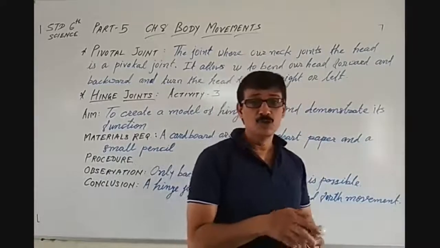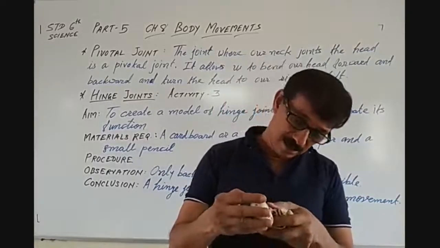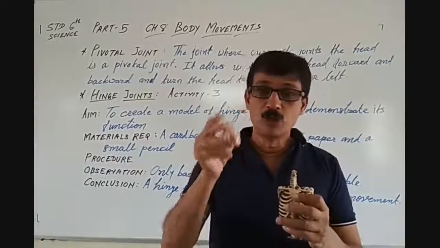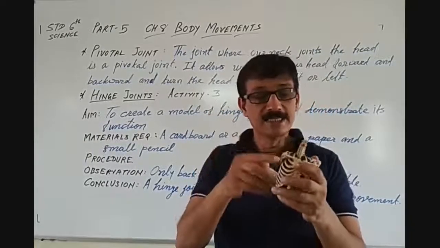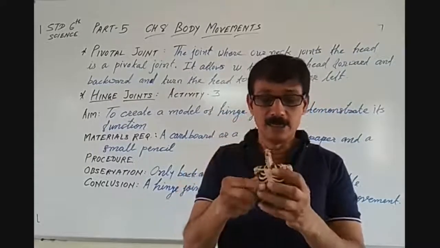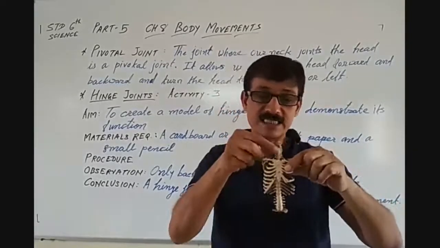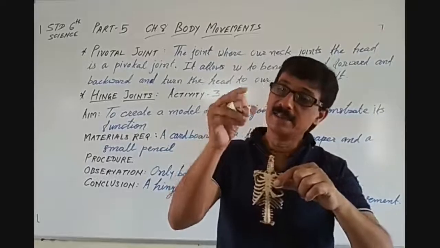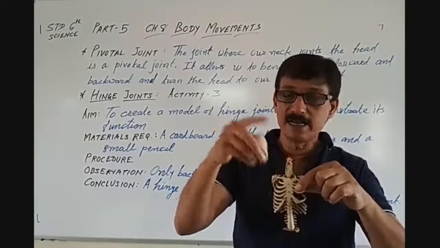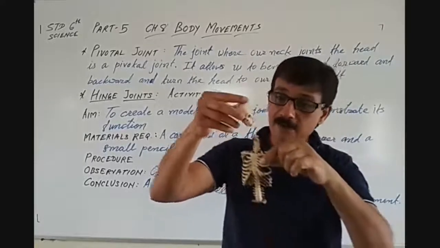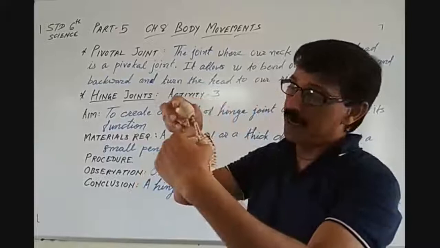See, I have actually a skeleton with me, and all the parts are different. Okay, so what is this? This is a skull, isn't it? And this is our neck. You can see this is rib cage and this is our neck and this is a skull. Now this part, our neck and the head, where does it join?